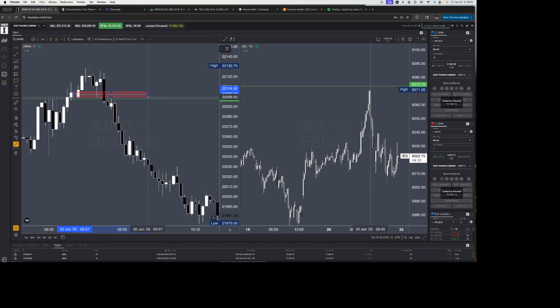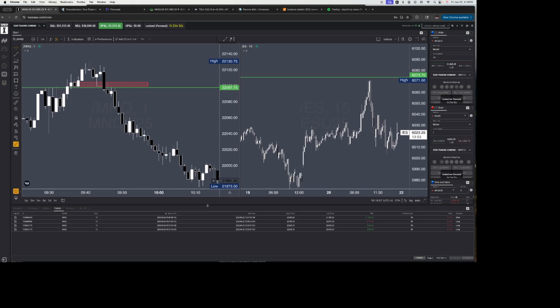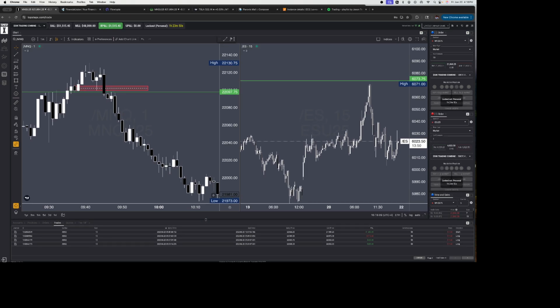So we have SMT divergence, we have market structure shift, we have a fair value gap, we have a breaker block. Price goes up, retests the breaker block, and absolutely dumps. But this is where I got into my trade, was right here. Let's see, I can go down and pull it up for you. 22,105.